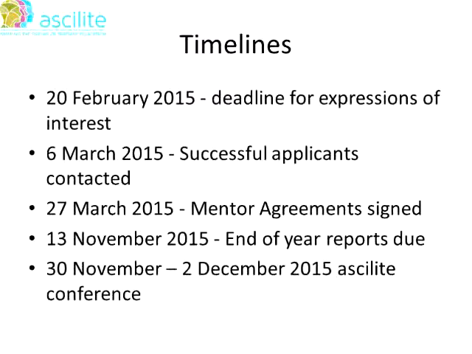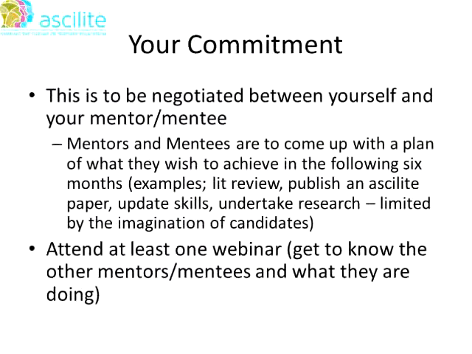It's called mentor agreements, but it's mentor-mentee agreements to be signed by both parties, and they need to be back by the 27th of March. And then 13th of November we want the reports, and then there's the ASCILITE conference from the 2nd of December. Oh, sorry, that's when it finishes. 30th of November to the 20th of December. Okay, so that's the timeline.